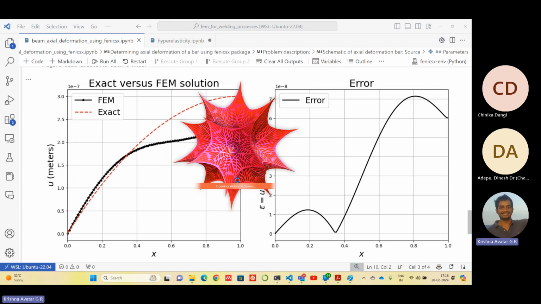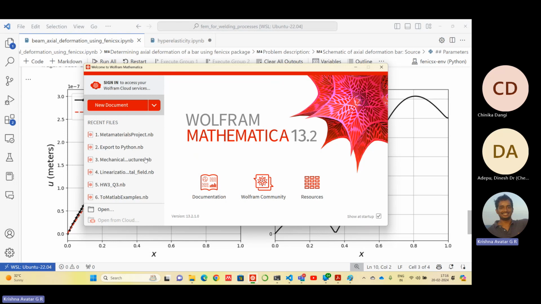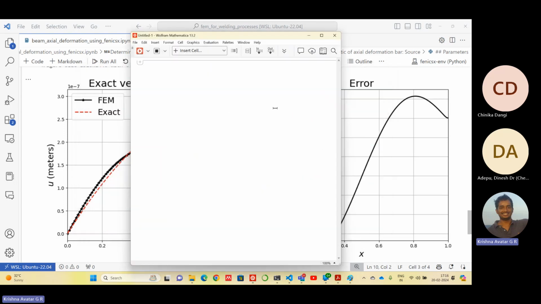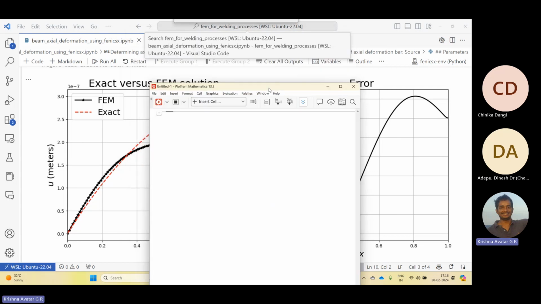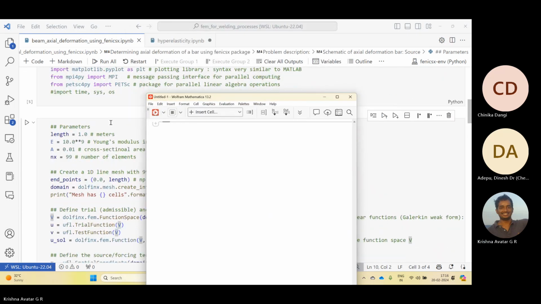And so today what we'll do is we'll start some hyperelasticity, although I have not prepared any code for that, but we'll just go through some code by one of the principal developers of the FEniCS package. So before this, let's just write what are the parameters required.